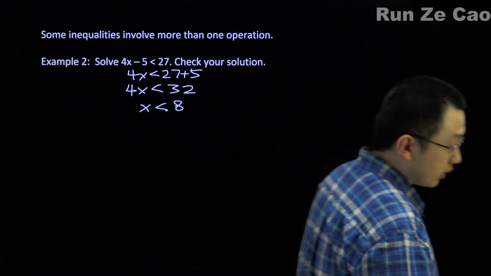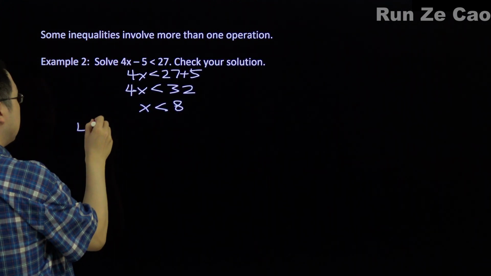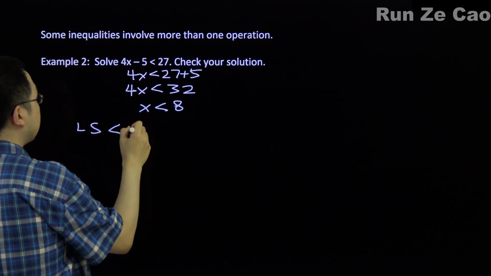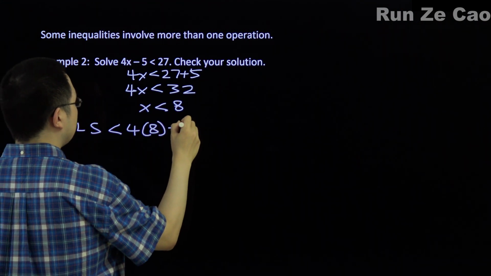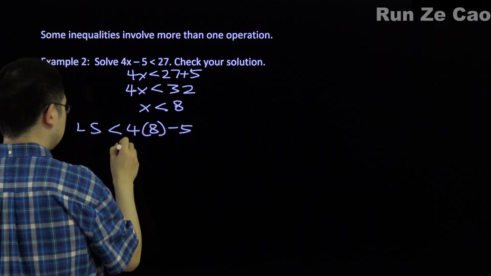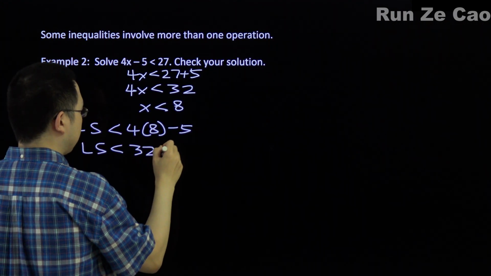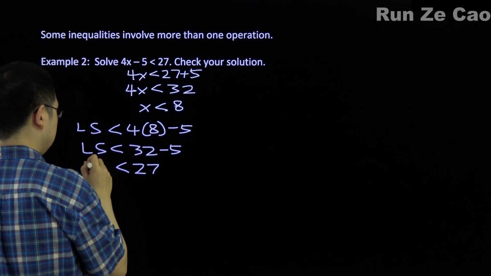Check your solution. Well, to check our solution, because x is less than 8, left side is going to be less than 4 times 8 minus 5. So left side is less than 32 minus 5, less than 27.